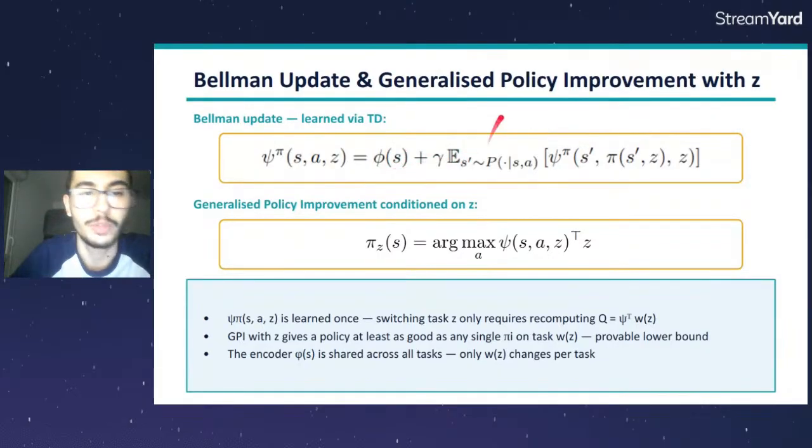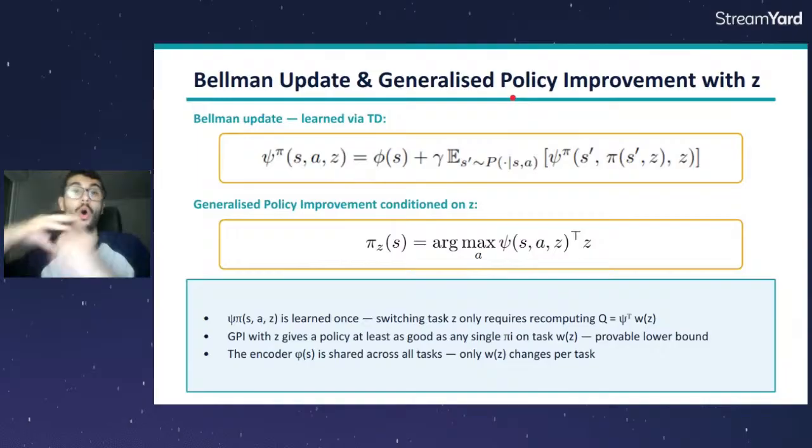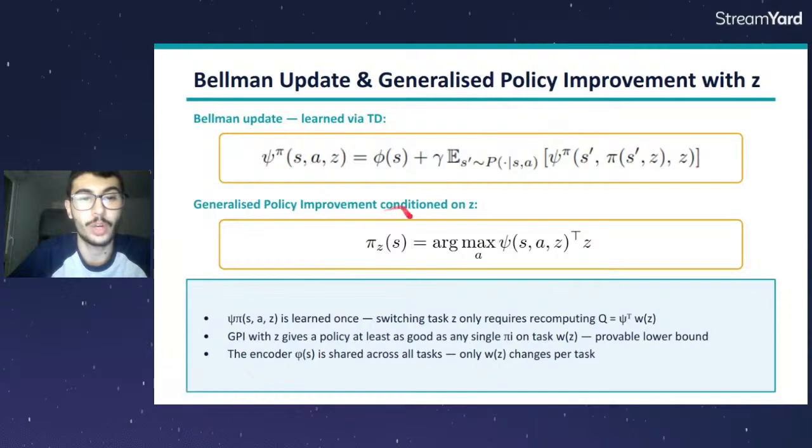So instead of having R in here for the reward, we have φ of S, which is a whole vector of features. At the same time, we train the policy to maximize this quantity multiplied by Z, because remember that this multiplied by this recovers the critic. So we are just training π of Z to maximize the critic that is conditioned on vector Z.